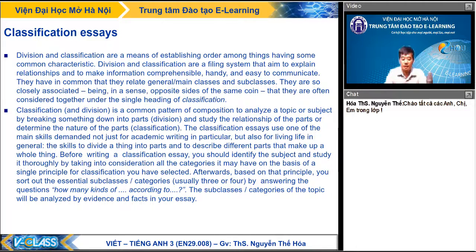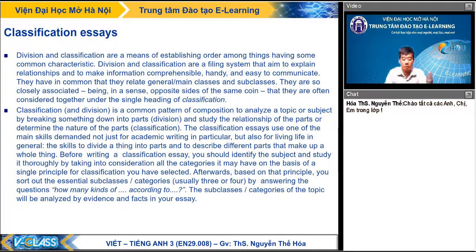Division and classification are a filing system that aims to explain the relationship and to make the information comprehensible, handy, easy to communicate.